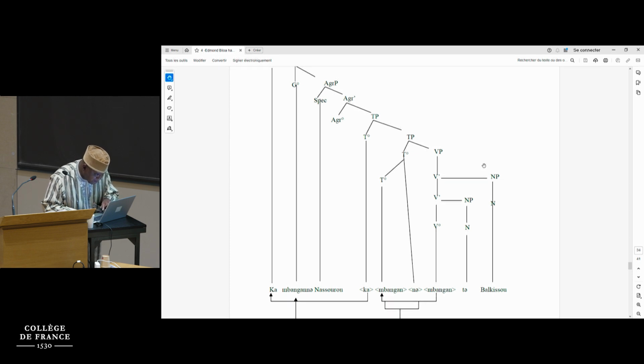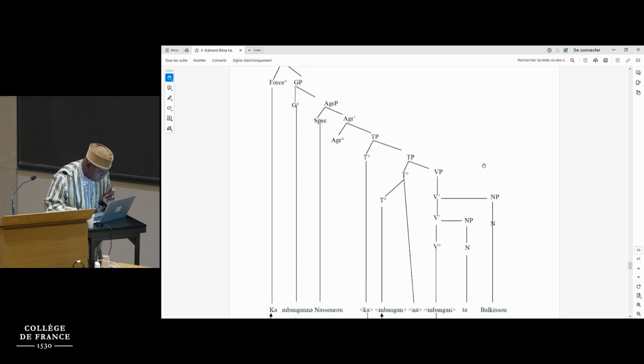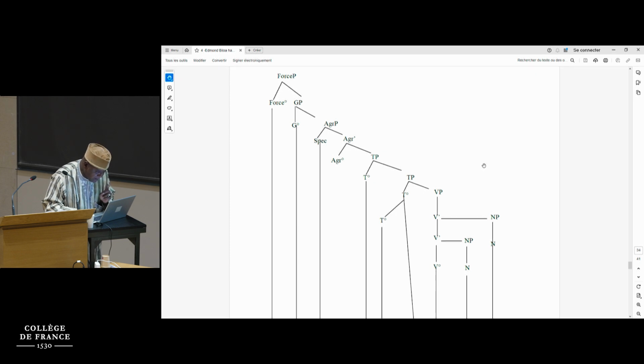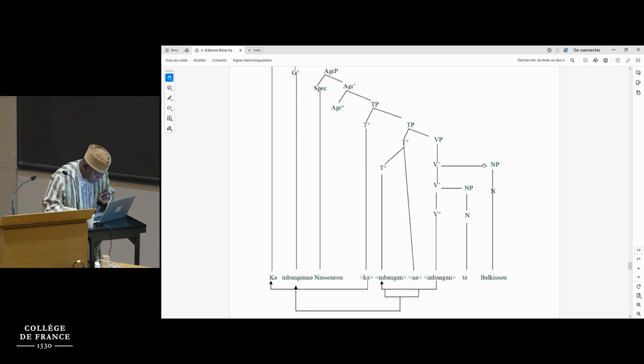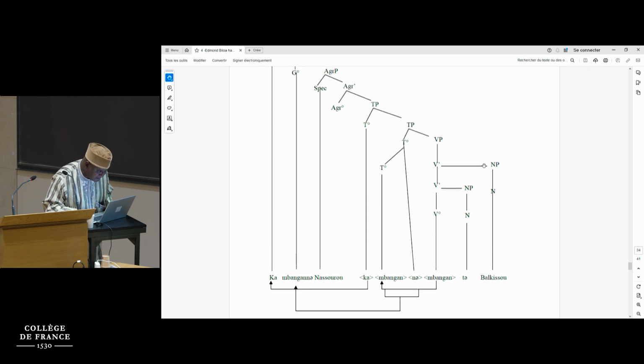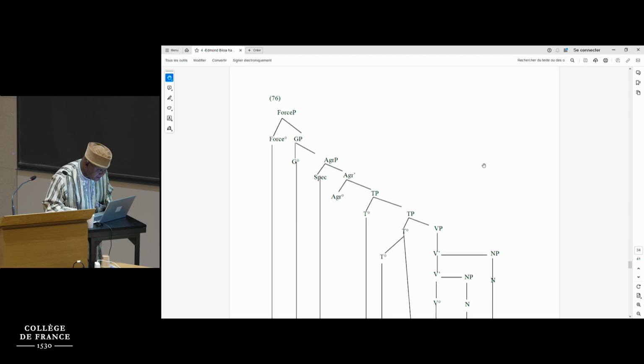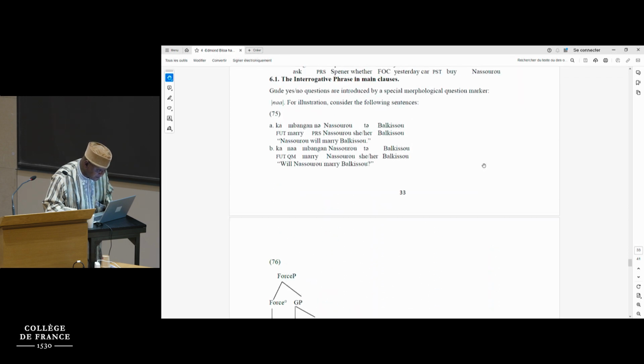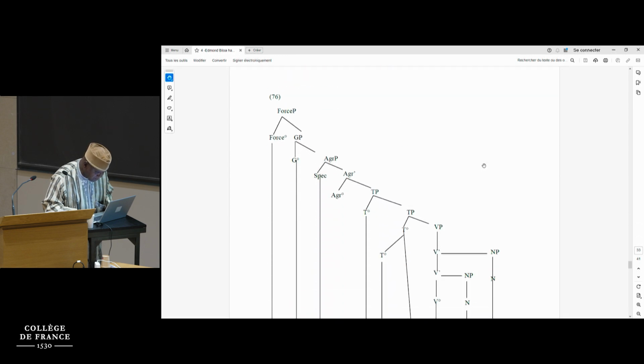We also have the tense marker of the main clause, ka, that raises to, in this case, I presume, first phrase. It is only a presumption. So, summarizing, the verb adjoins to T, T plus the verb raises to grand phrase, and the tense marker of the main clause raises to first zero. That is how I presume sentence 75B is derived.